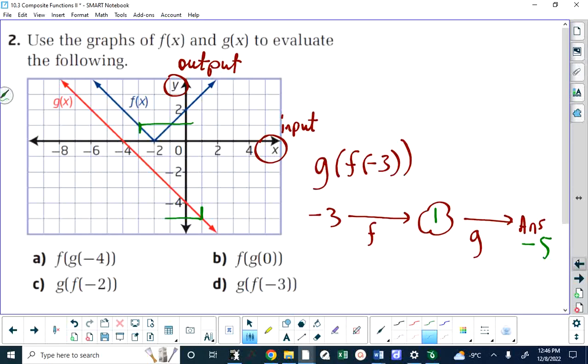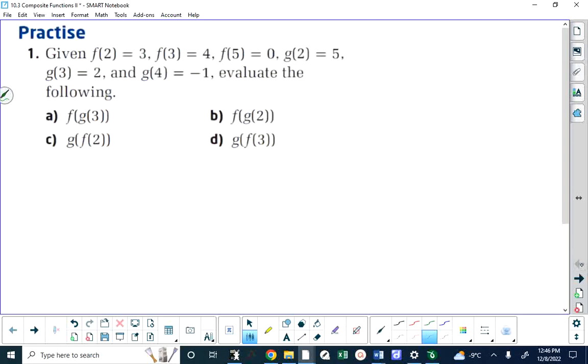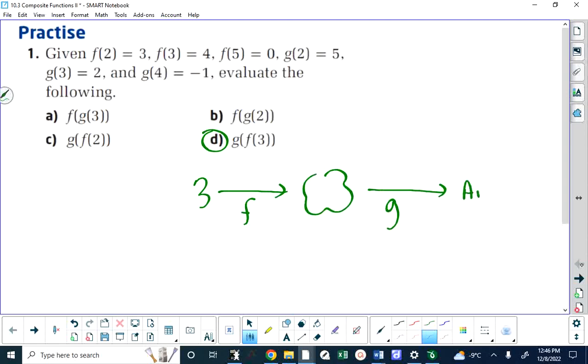Or, I mean, there are other ways you could get the numbers. Like this one kind of threw some of you right at the beginning of yesterday's practice session. If you're asked to find, I'll pick this one today, g of f of 3, 3 goes through f, the result goes through g, and then you have your answer. Well, you don't have a graph that you can feed x equals 3 into. You don't have an equation, but you are literally told up here that f of 3 is 4.